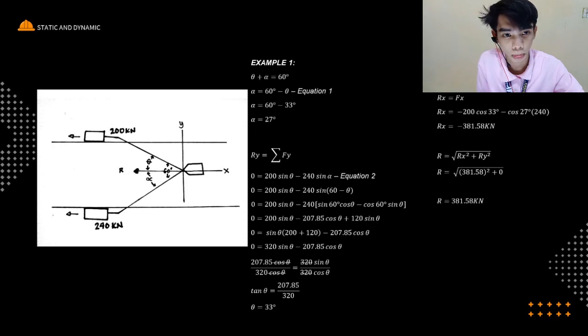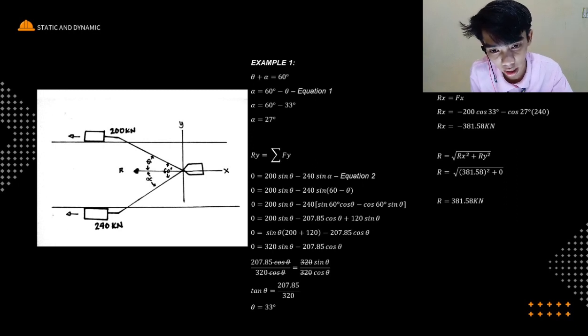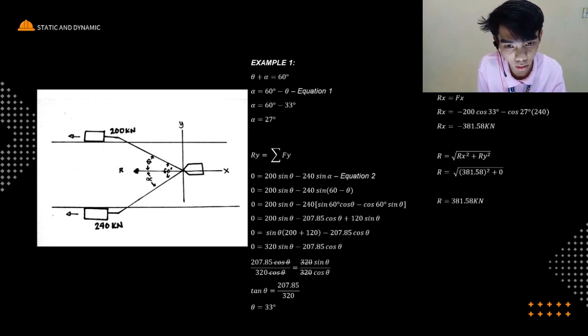So, using transposition, magiging 320 sin theta is equal to 207.85 cosine theta. So, di-divide po natin siya sa 320 cosine theta para matanggal po yung cosine sa kabila, matanggal naman po yung value sa tabi ng sin theta.